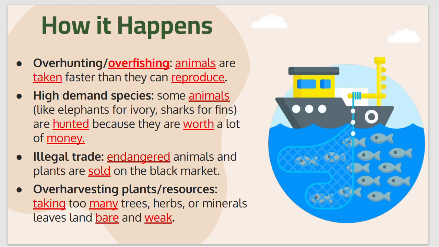Then you have illegal trade. This is when endangered animals that are at risk of going extinct, and plants that are also endangered, are basically sold on the black market or traded illegally. And this is considered overexploitation because these are already endangered species.